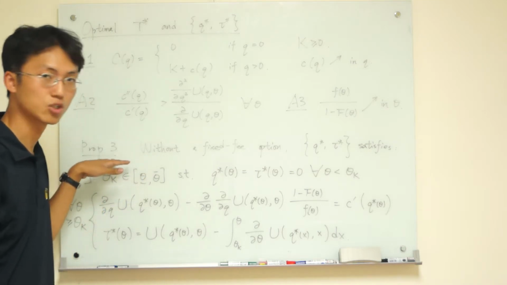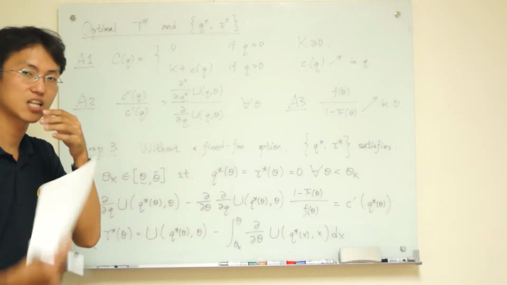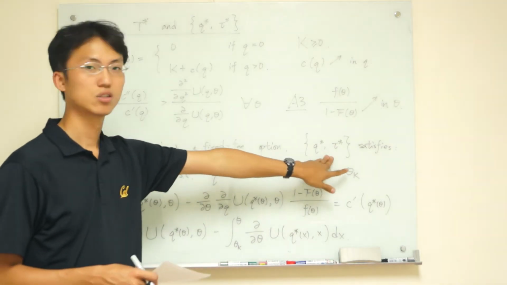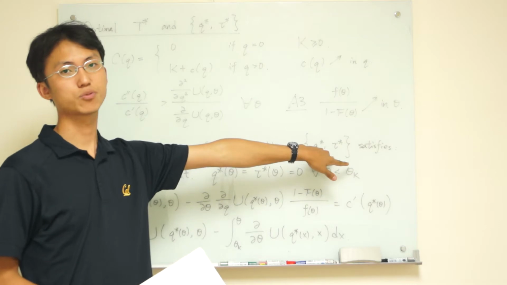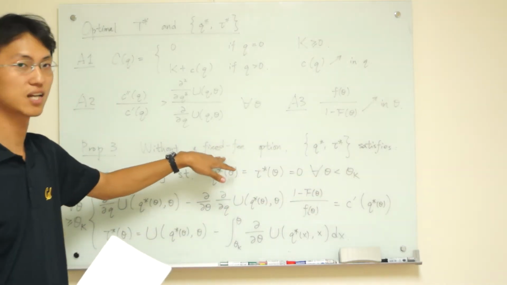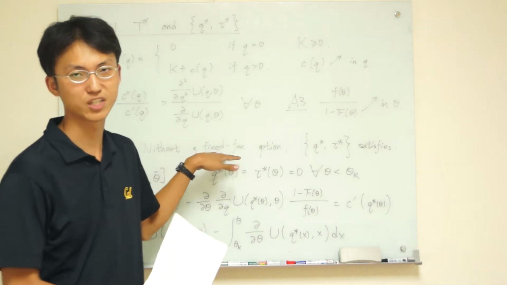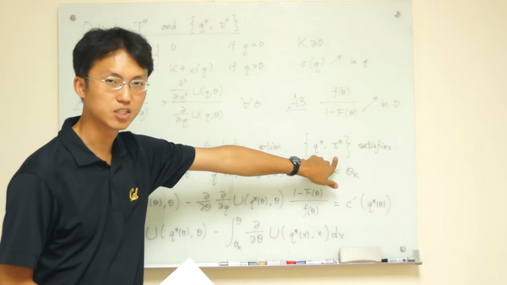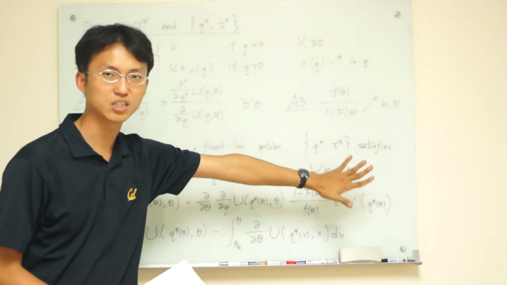In this proposition, we're going to find the optimal Q-tau pair, the optimal usage-based pricing plan, when we are not allowed to offer a fixed fee pricing plan. In this case, the optimal menu satisfies the following.